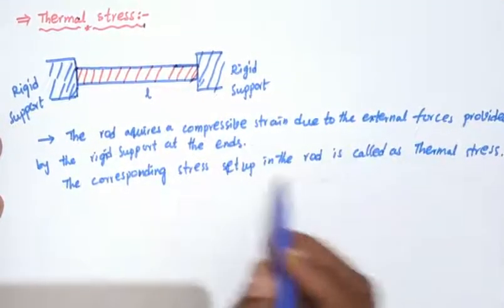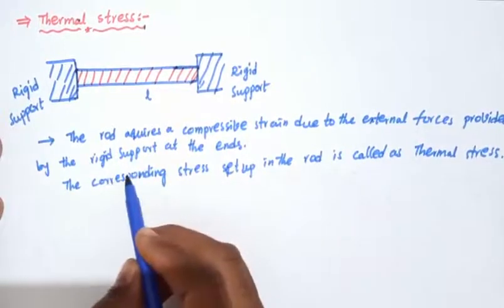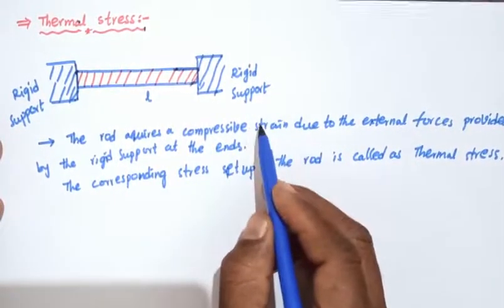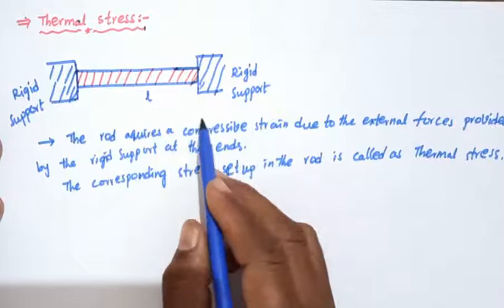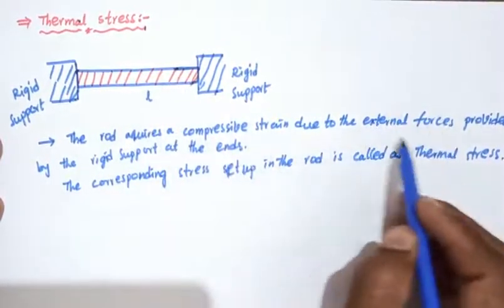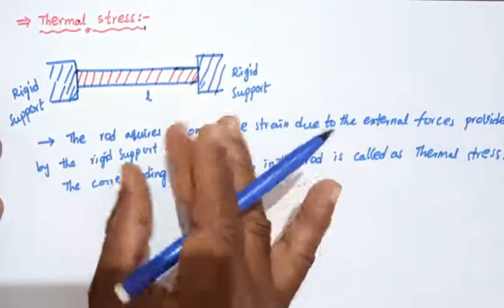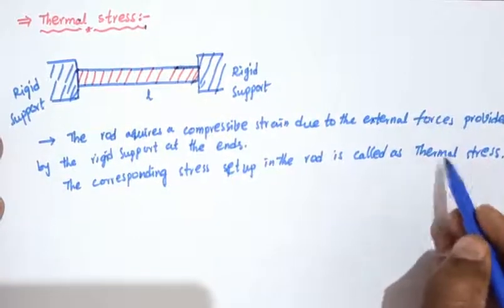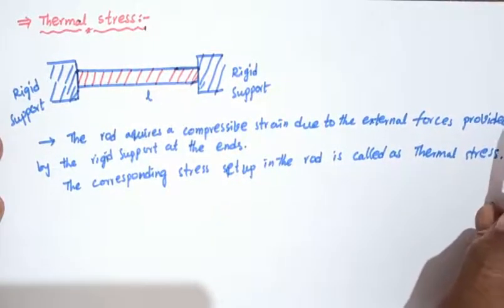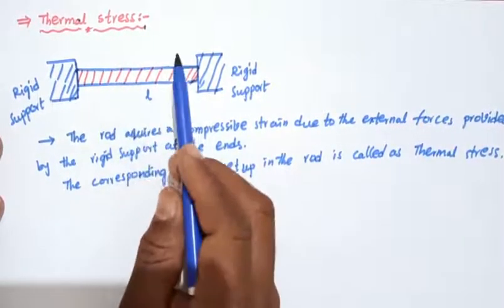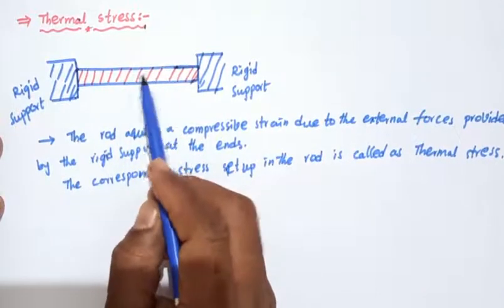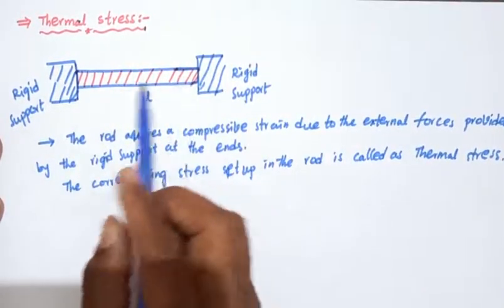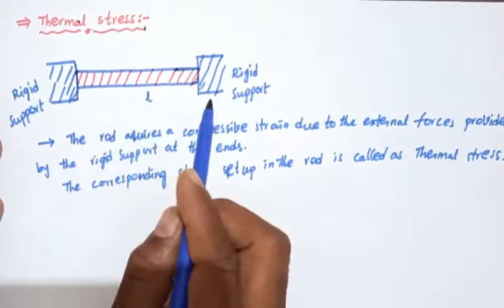Here the thermal stress is nothing but, when the rod acquires compressive strain due to the external forces provided, actually when the temperature of the rod increases, if there are no supports, what happens? It is expanding.